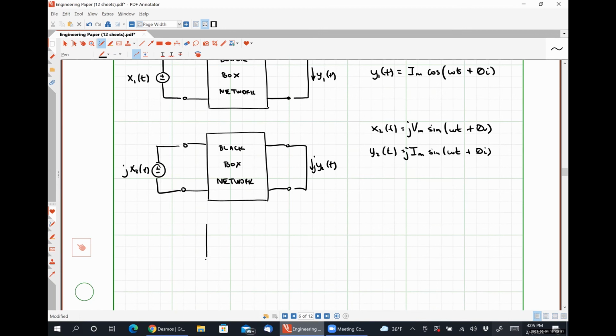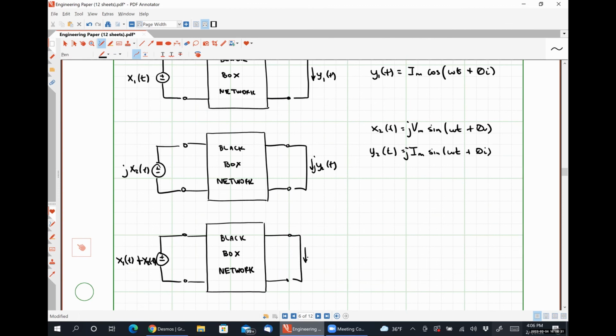Now, if we take that same network but this time we apply an input of x1 and x2, we should get an output of y1 and y2.